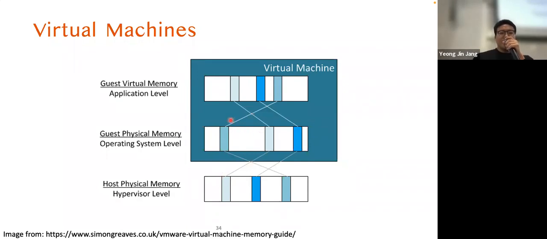So you can just disregard the top-level diagram here for now. You can regard this as the physical memory, and this as the application memory in the operating system. But when you introduce the virtual machine, your virtual machine will think that it is running on a physical machine.